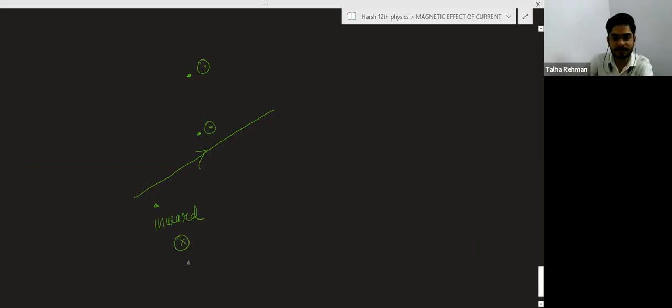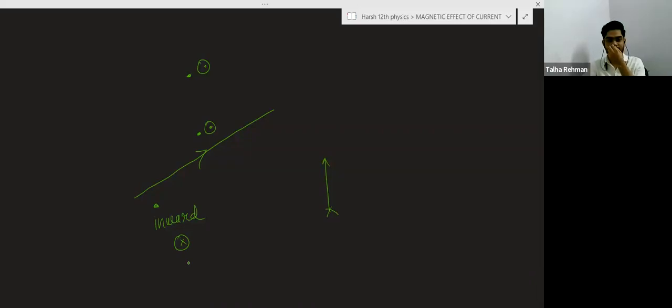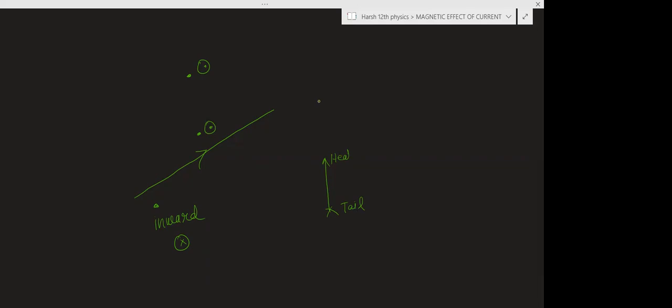In 3 dimensions, this is the head of the arrow, and this is the tail of the arrow. The sign for inward is due to the tail of the arrow, which looks like a cross, as if the arrow is going into your screen. The other looks like the head coming out of your screen. This is the basis for the direction given by the NCERT.